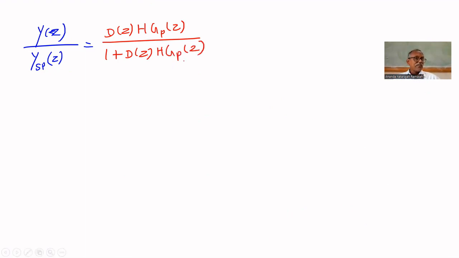From this, we can find D of Z. That is the general expression for the controller.